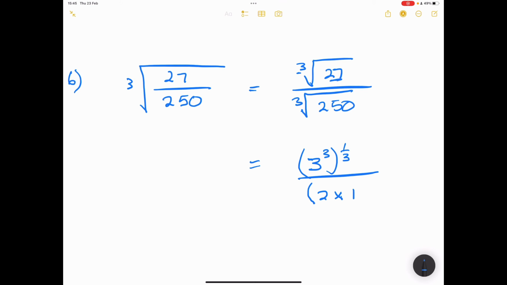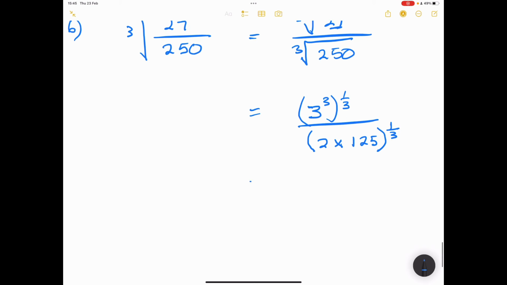So in this case, I'd say 125. Why? Because I know that the cube root of 125 is 5. So I've got 2 times 125, which is 250, but I know that the cube root is 1 over 3 there. At the numerator, the 3's cancel, so I've got 3 there.